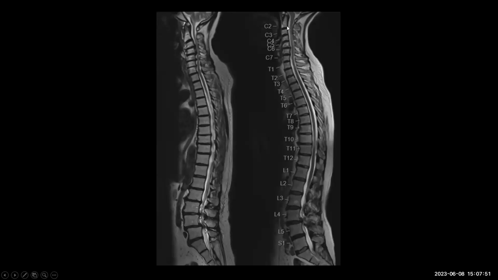So you have the conical top of C2. You can count the 7 cervical vertebral bodies, then the 12 thoracic vertebral bodies, and then the 5 lumbar vertebral bodies.